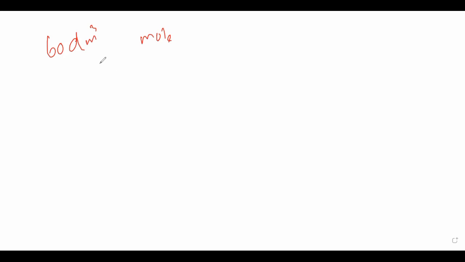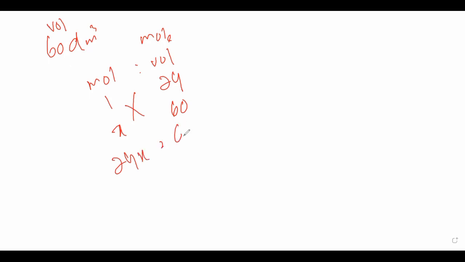I've seen your answer. So what will you do? You have the volume, that is 60 dm cube, and you want the moles. So mole, ratio, volume. 1 mole is equal to 24, and 60 will be equal to how many moles? 24x is equal to 60.